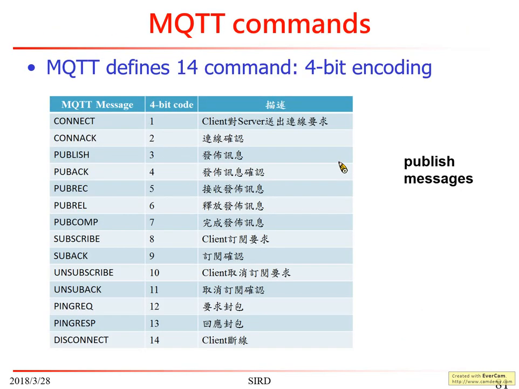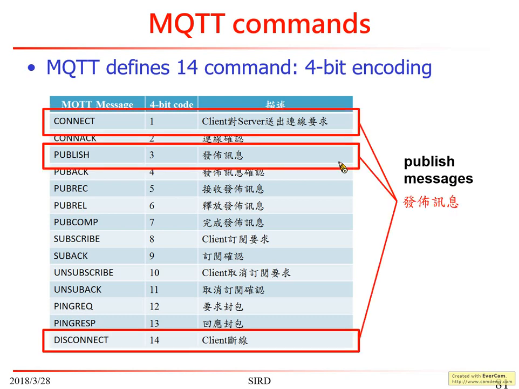So there are 14 commands defined in MQTT. If you want to publish a message, first you would use connect. That means you want to connect to the broker. And after you connect to the broker, you can publish a message, or you can keep publishing messages.